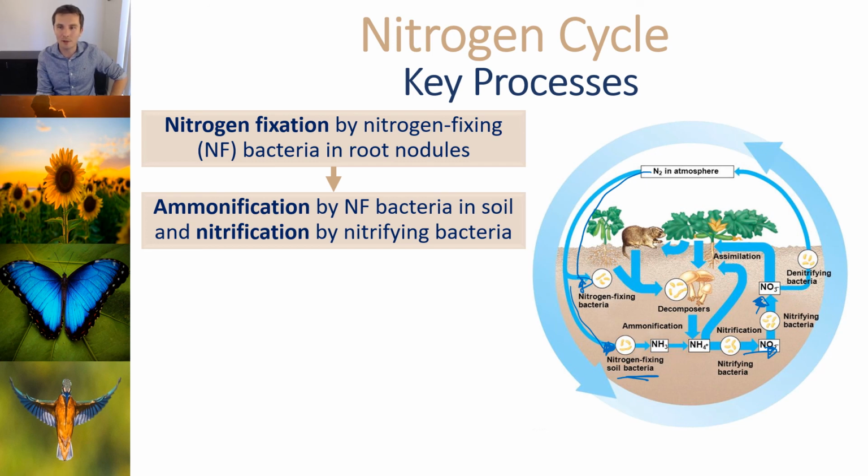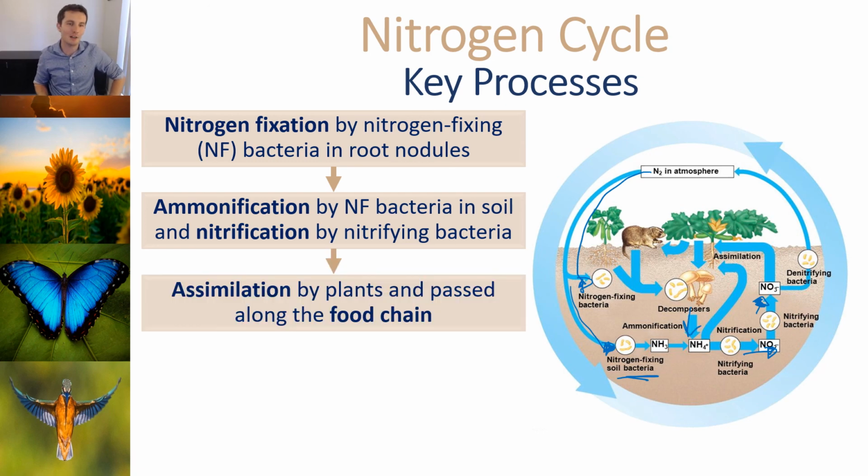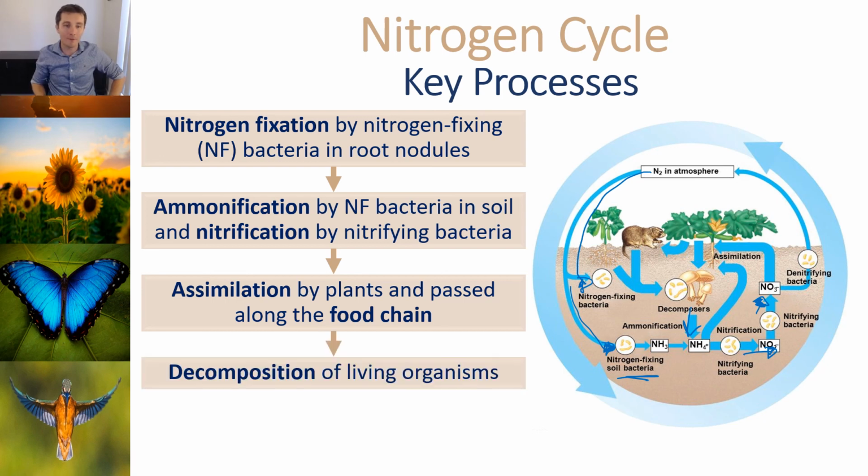So some plants, for example, that don't have nitrogen fixing bacteria can still take in some of that nitrogen that's been returned to the soil through the work of these decomposers and nitrogen fixing bacteria. So plants take those in, so you get the assimilation by plants, and this is then passed along that food chain. As each animal eats another one, they're getting that nitrogen from the previous level. But the thing that's really kicked us off is this nitrogen fixing bacteria.